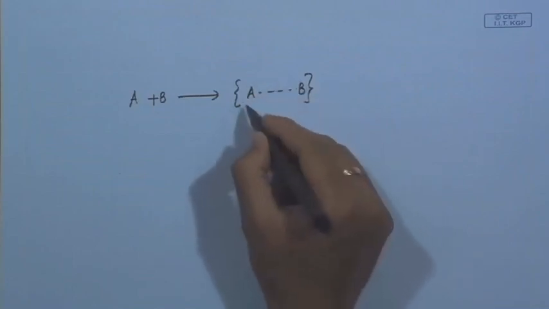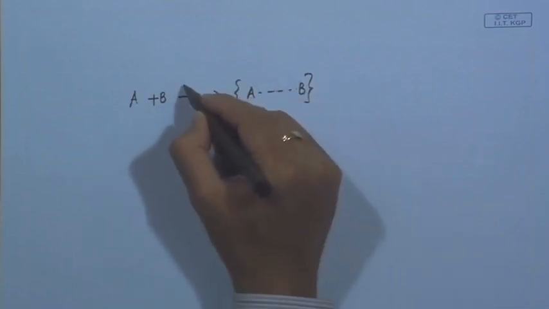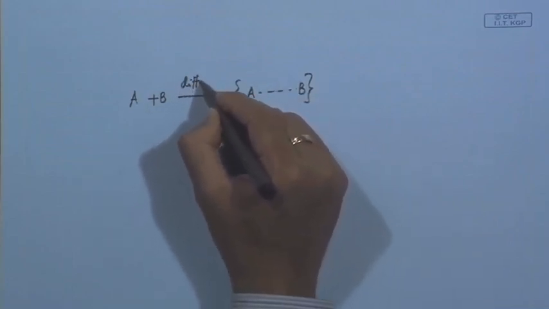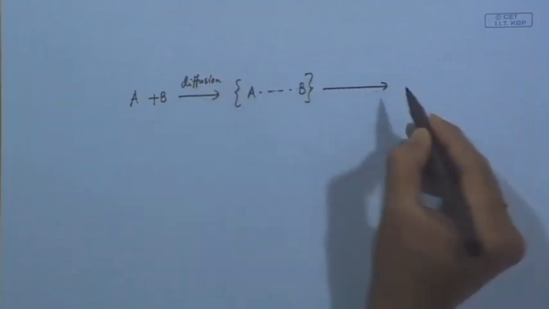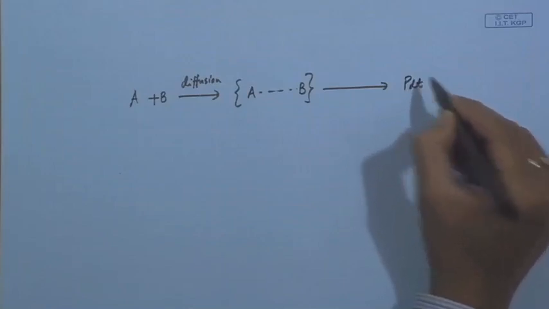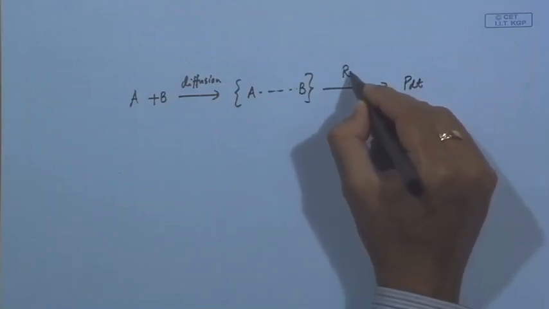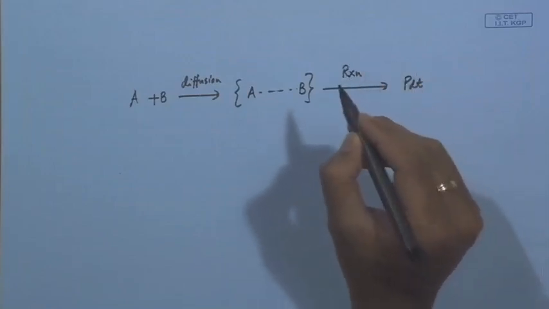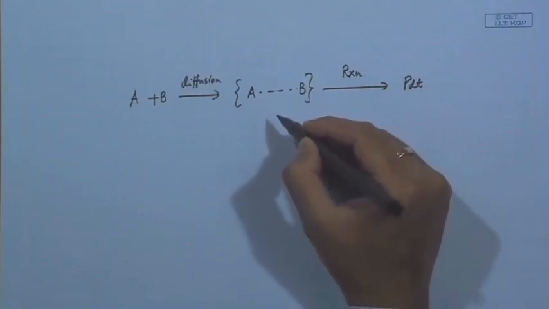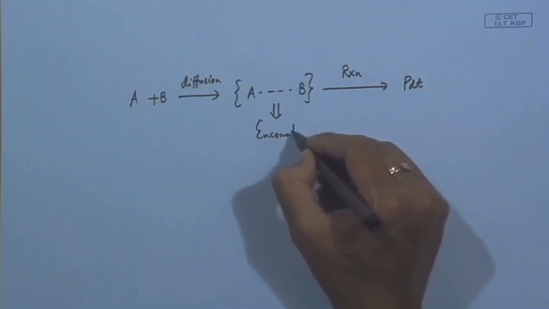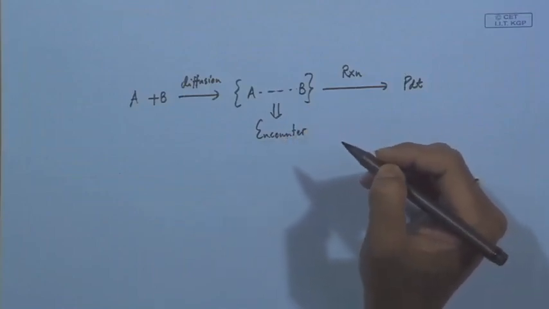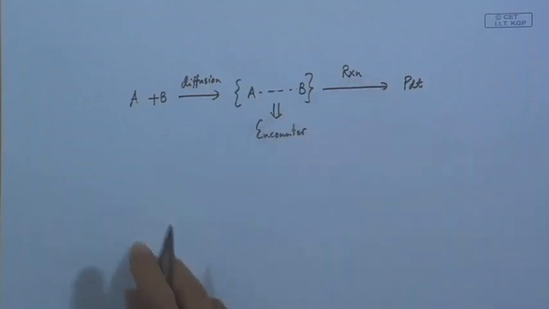This is designated by this. And then this will form your product by reaction. So this is called your encounter of AB.